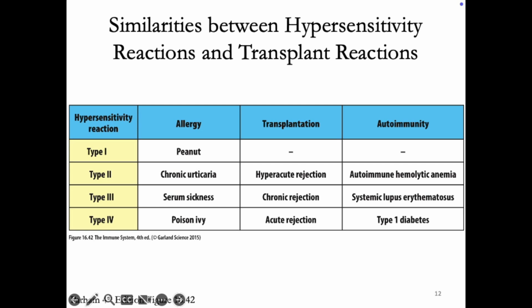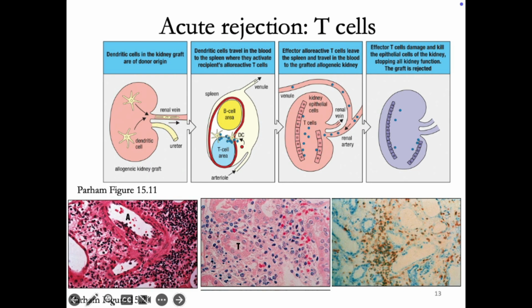When we think about acute rejection, we think about maybe a few months following the transplant in terms of where we start to see issues. And as you might guess from that description of acute rejection, where I said that it was similar to a type 4 hypersensitivity response, acute rejection involves T cells.